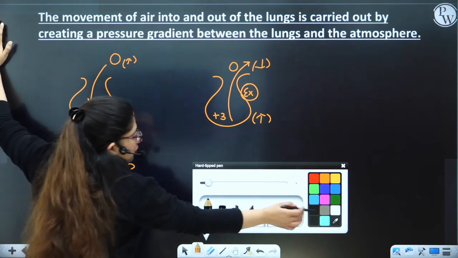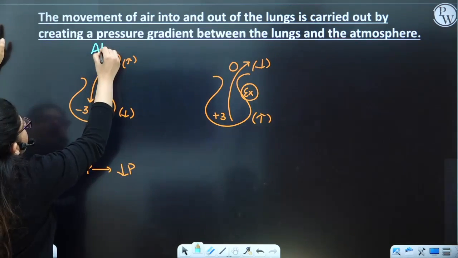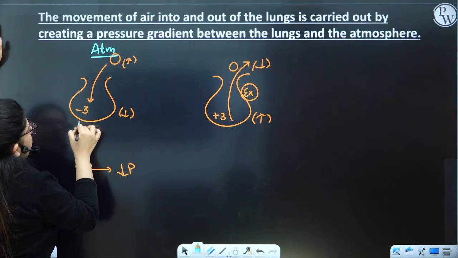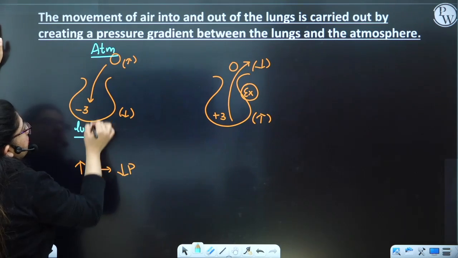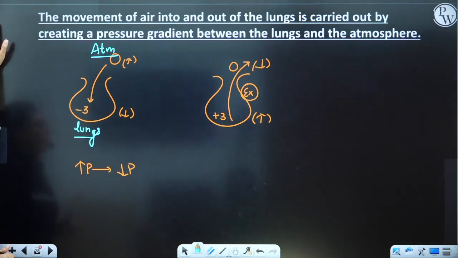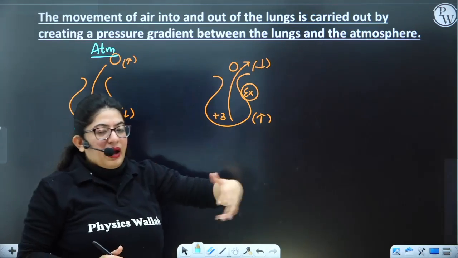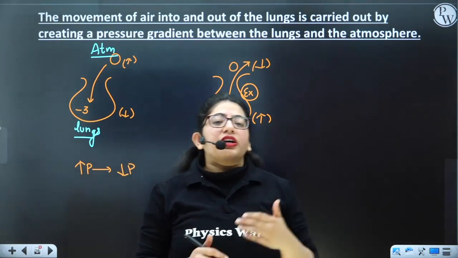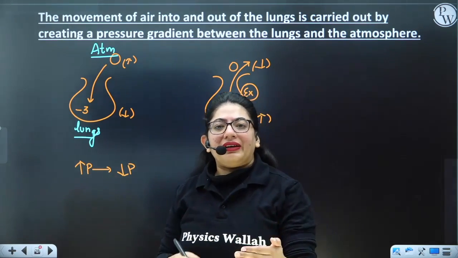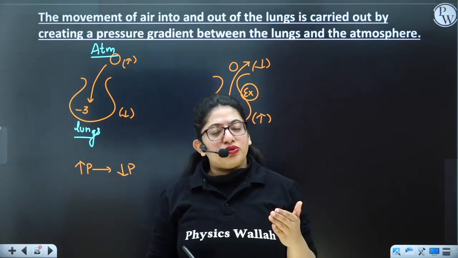If this is the atmosphere and this is the lungs, there is a difference in partial pressure which you call a gradient. So that gradient is created by the body, so that a pressure gradient is maintained and air moves from high pressure to low pressure.